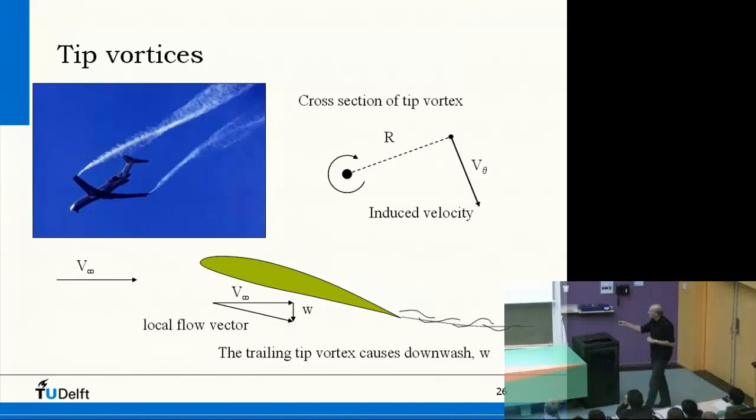So if you look at the velocity far upstream, then the direction of the velocity is like this. But at the wing itself, because of the fact that these vortices that come from the tips induce a velocity field going down, we have a different velocity here. In fact, a different velocity vector. So also a different angle of attack.